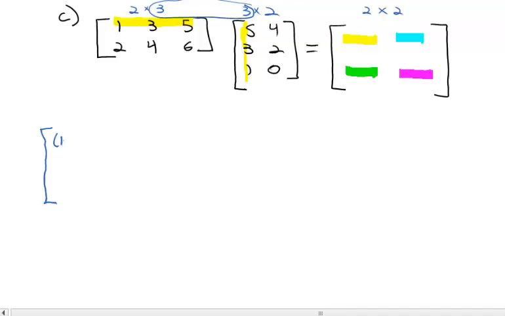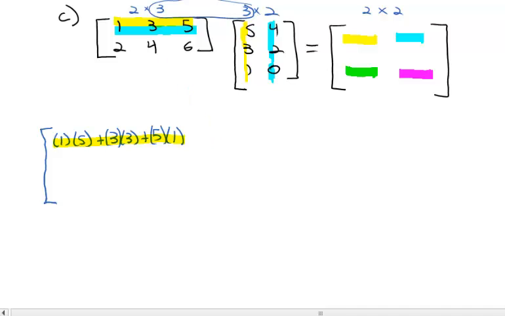So that's going to be 1 times 5 plus 3 times 3 plus 5 times 1. That is the first row, first column. Next, just to its right, it's in the first row, second column, so we are going to multiply the first row times the second column.